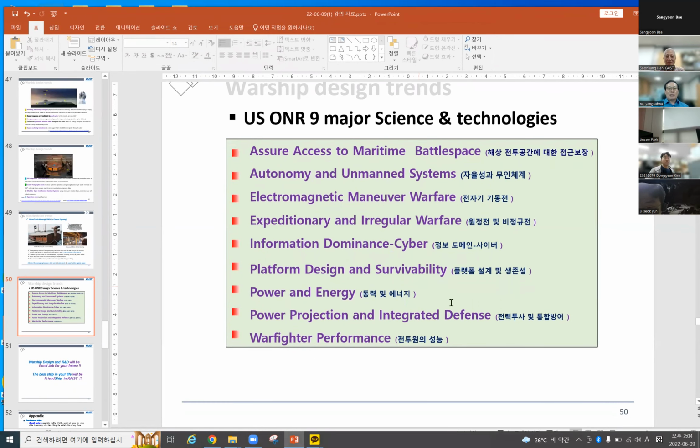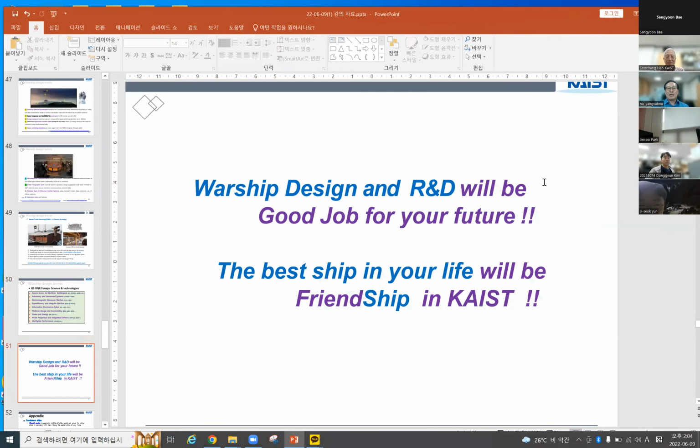Okay, I'll finish my lectures. I think the warship design and the R&D will be a good job for your future. And I suggest the best ship in your life will be friendship in your KAIST. For about 1 hour, I briefly and quickly covered some warship design and the characteristics.